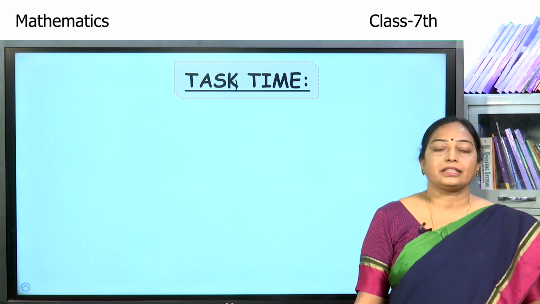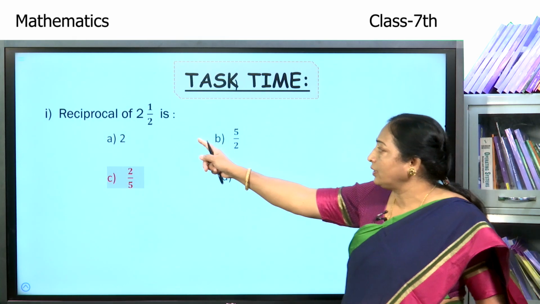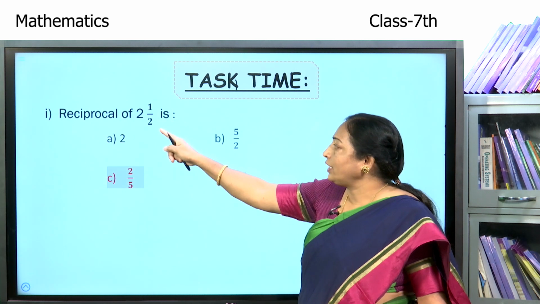Children, it is task time. Reciprocal of 2 1 by 2 is 2 by 5. How did we get this? Here, the fraction is in the form of mixed fraction.